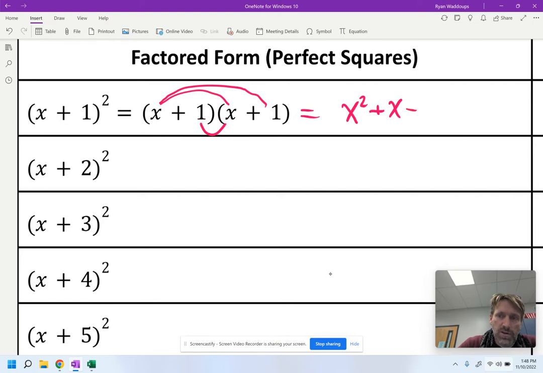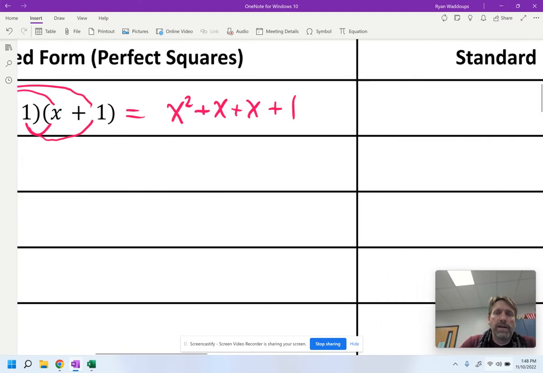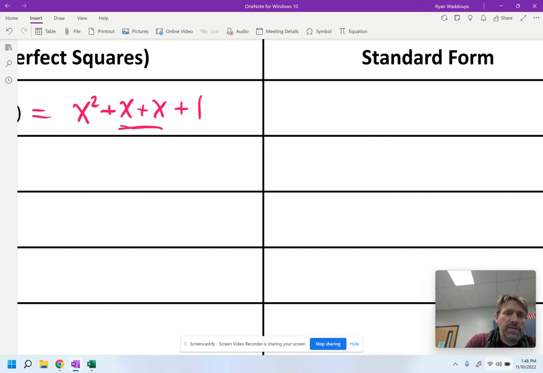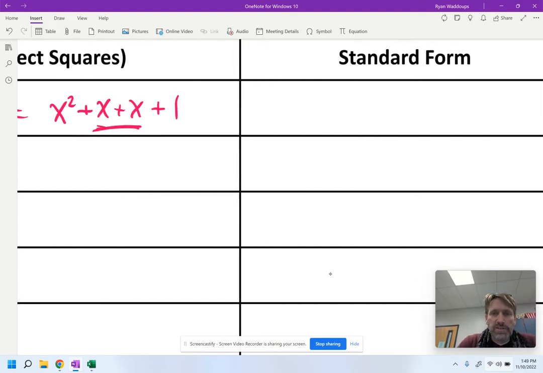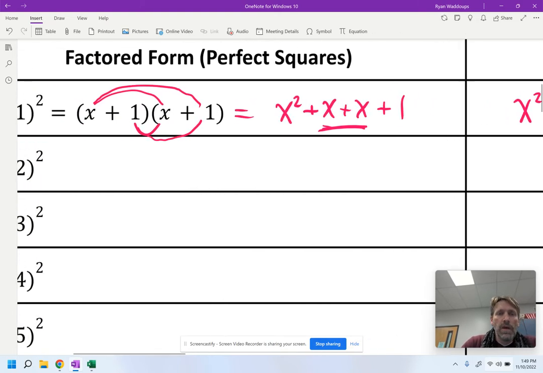And then 1 times x, also x. And then 1 times 1 is 1. And then I combine any that are like terms, which would be these two. And so standard form here would be x squared plus 2x plus 1.